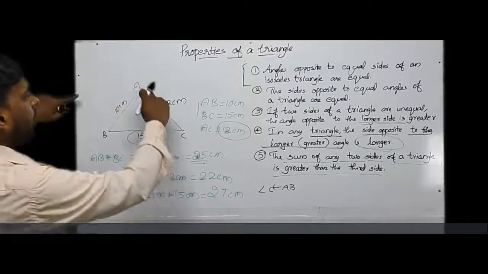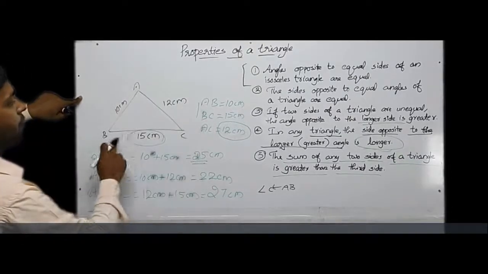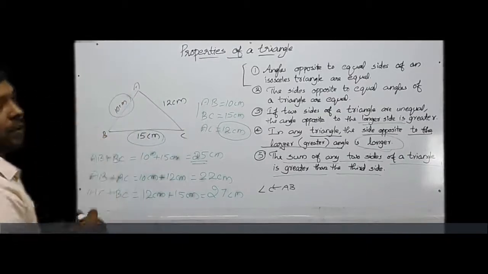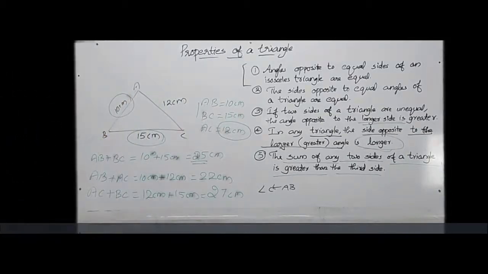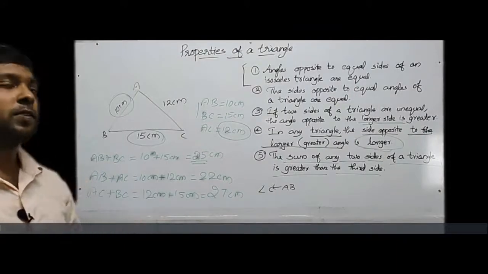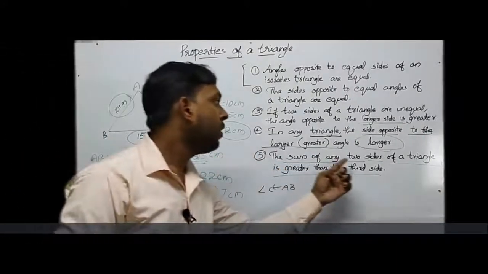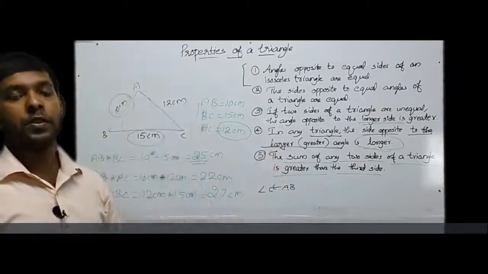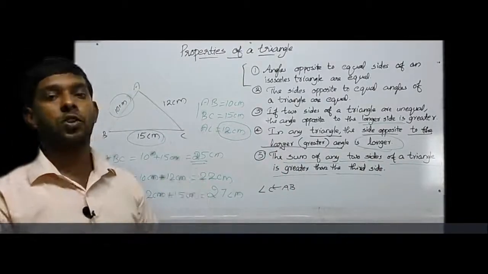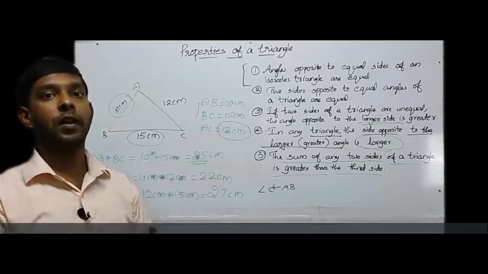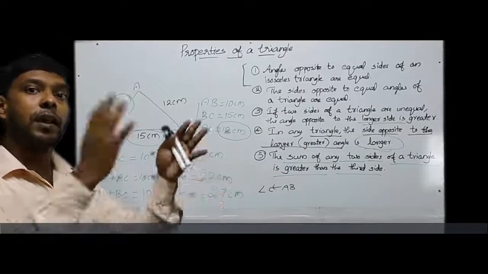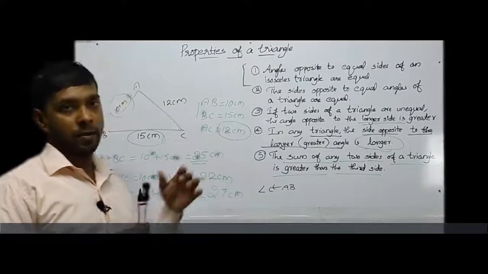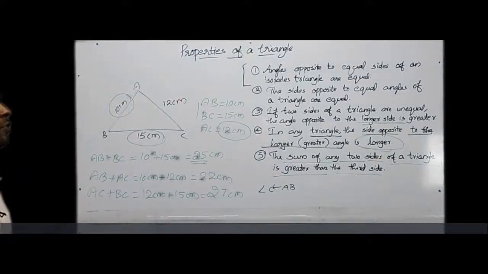When we added side AC and BC, we got 27, which is greater than the other side, that is 10 centimeter. So it's very easy to understand: the sum of any two sides of a triangle is greater than the third side. That means if you take any two sides of a triangle and add them together, the value will be greater than the third side of the triangle. Hope it's very clear to everybody.